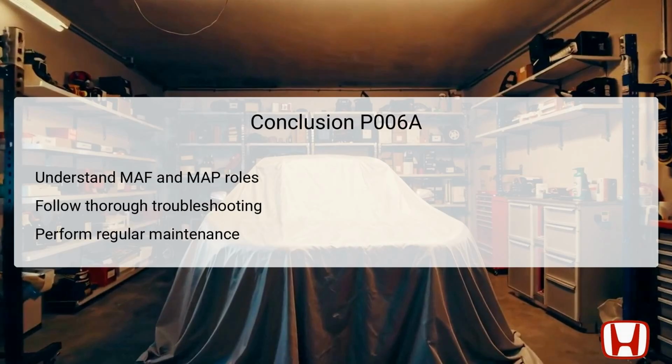Step-by-step diagnostics, as outlined, will help isolate the problem, whether it be sensor malfunction or physical air intake issues. Regular preventive maintenance can significantly reduce the chances of encountering this error in the future. Ultimately, ensuring that these systems function correctly not only protects the vehicle's performance, but also contributes to overall driving satisfaction.